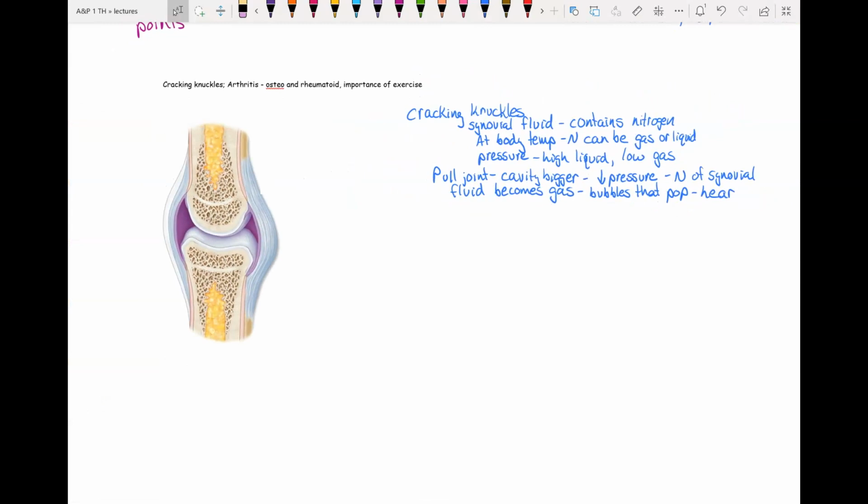Okay, then let's look at arthritis. Arthritis deals with the articular cartilage. So remember we have here this articular cartilage coating the ends of the bones, and that's to lubricate and cushion.